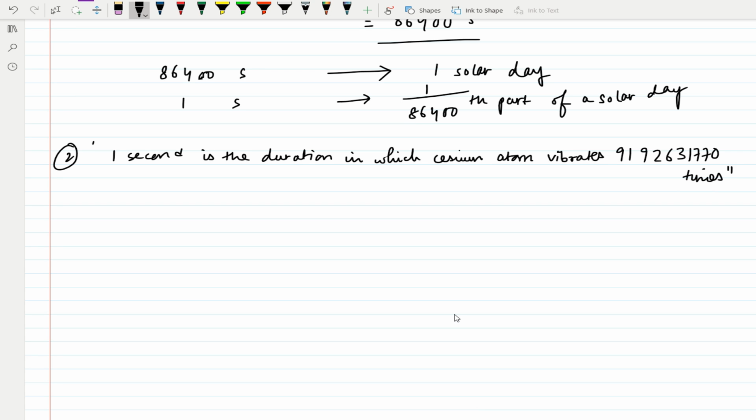So this is another definition of a second. Now coming to the smaller units of time.